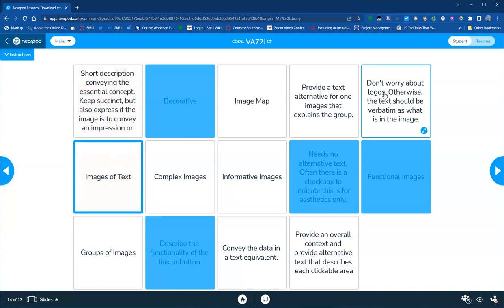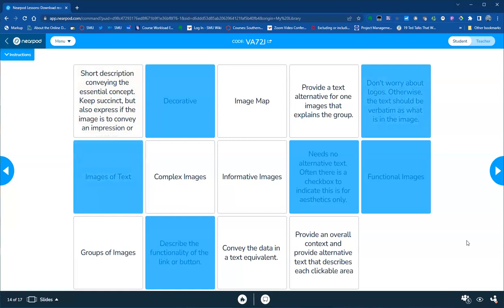Not quite. It is this one. If it's a logo, then you can just say what the logo is for. But otherwise, the alt text should be the same as whatever text is on the image. We try to keep it as clear as possible.